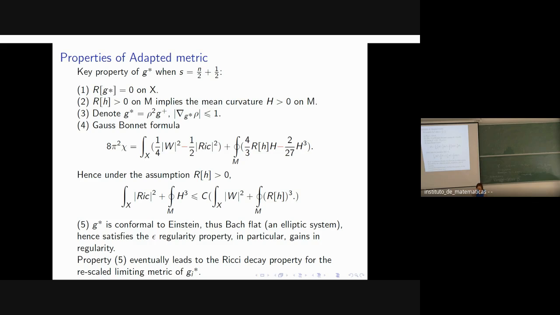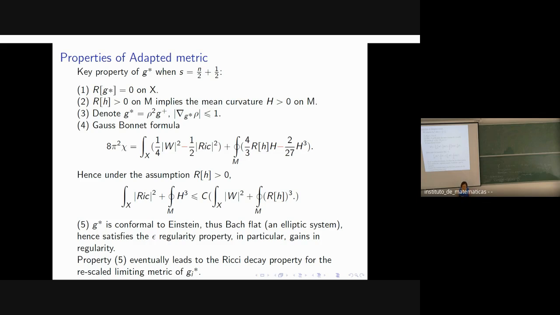Einstein is a critical metric, so a metric conformal to Einstein satisfies a PDE, which is Bach flat. I did not go into detail here. In this case, it happened to be an elliptic system, and so one can use that to gain regularity of the metric.